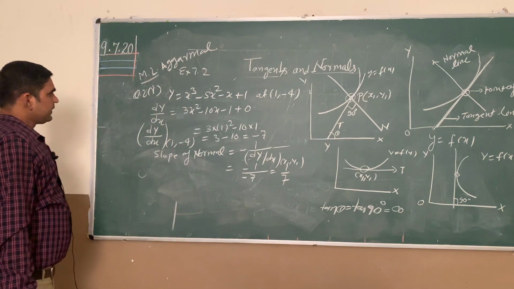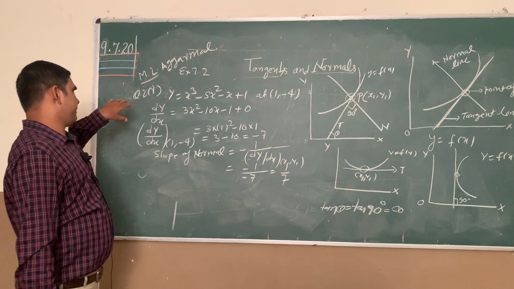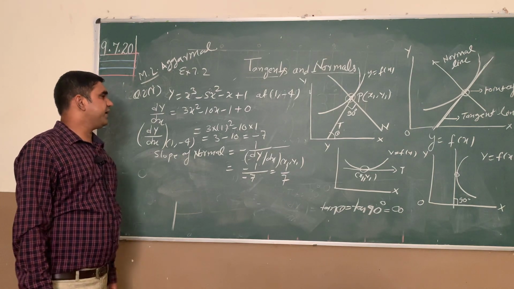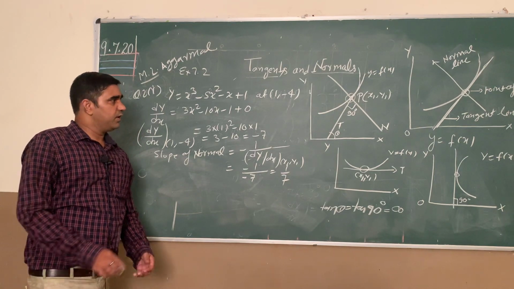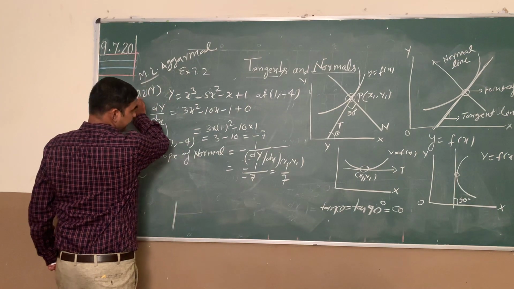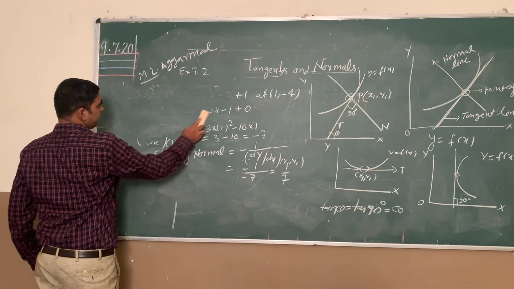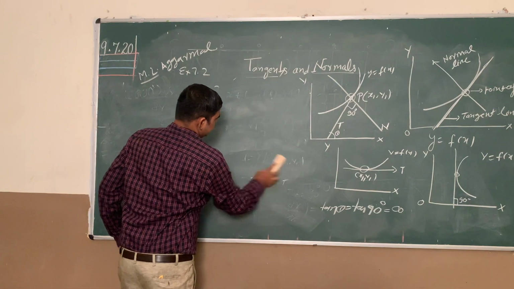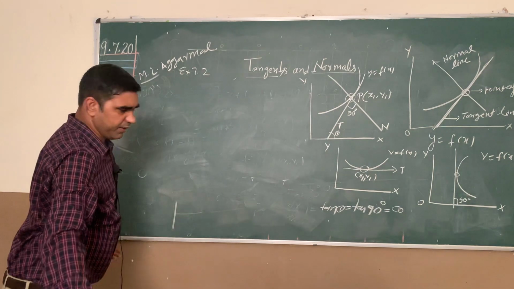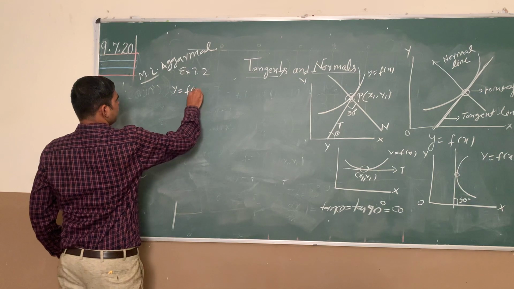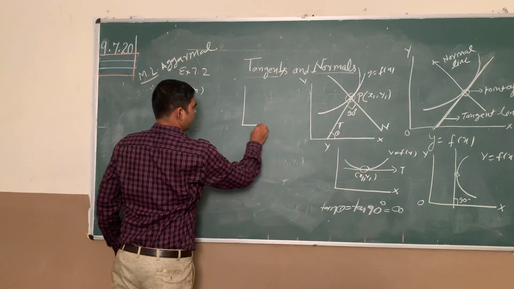So we have learned how to find the slope of the tangent and the slope of the normal at a given point. Now we move to the equation of the tangent and the equation of the normal at a particular point. Suppose we have a curve y equal to f(x).